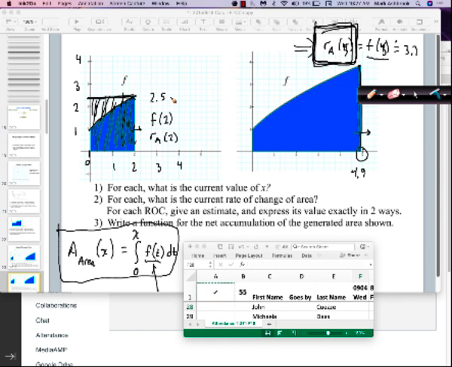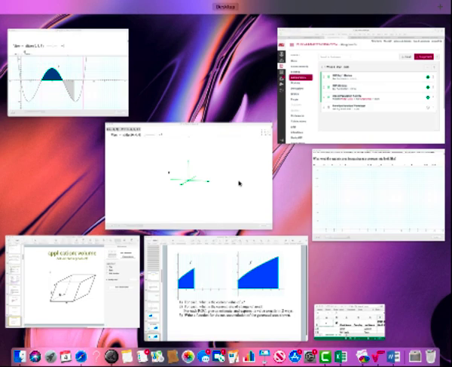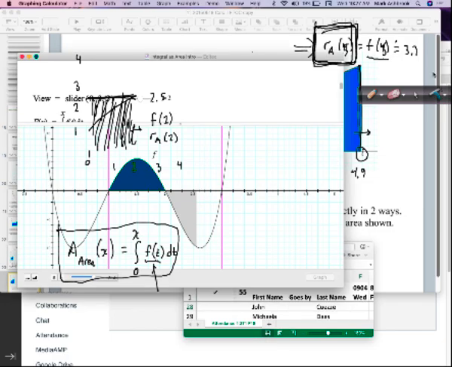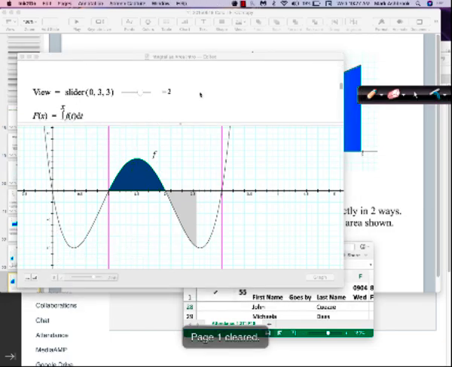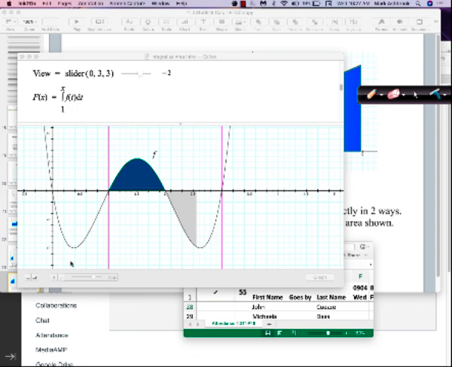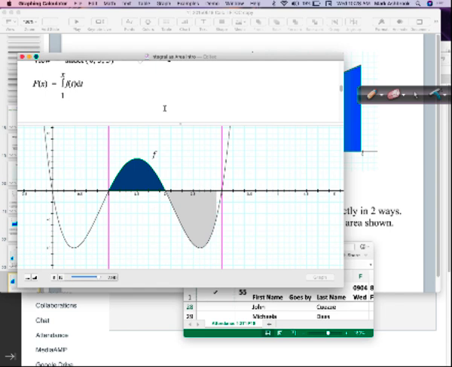Okay, so quickly, I got a little exercise for you here. So here I have a function f. And I've got this function, capital F is the integral from 1 to x of f of t dt. What is that function?